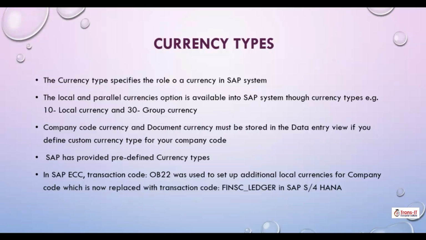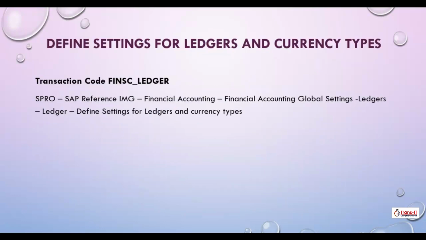In SAP ECC, transaction code OB22 was used to set up additional local currencies for company code, which is now replaced with transaction code FINSC_LEDGER in SAP S/4HANA. Our first step is to define settings for ledgers and currency type.